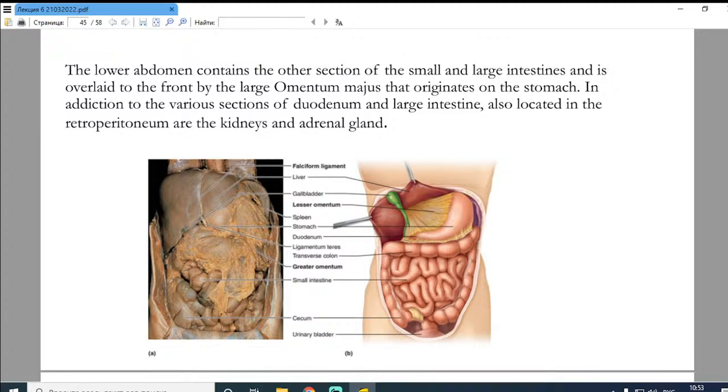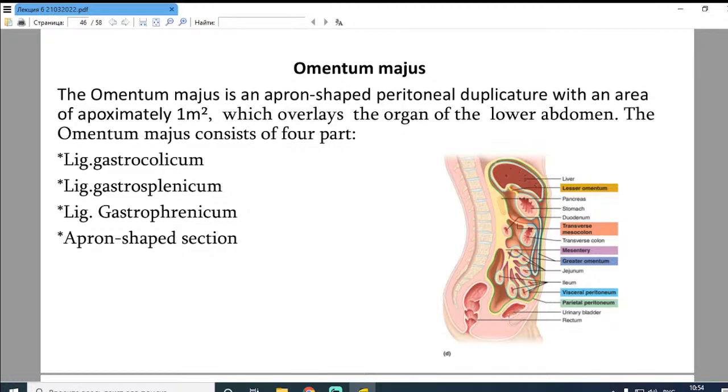What you see, greater omentum, the omentum majus. This is yellow. The omentum majus is an apron-shaped peritoneal duplicature with an area of approximately 1 square meter, which overlays the organs of the lower abdomen.